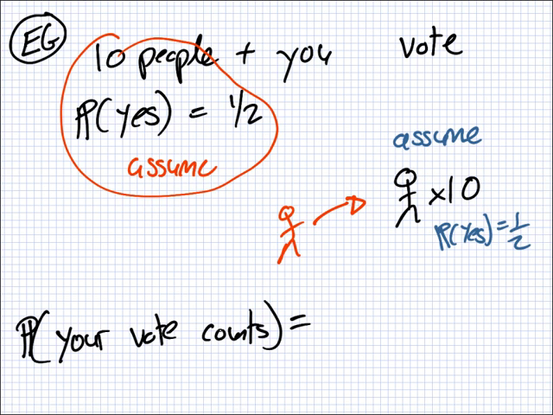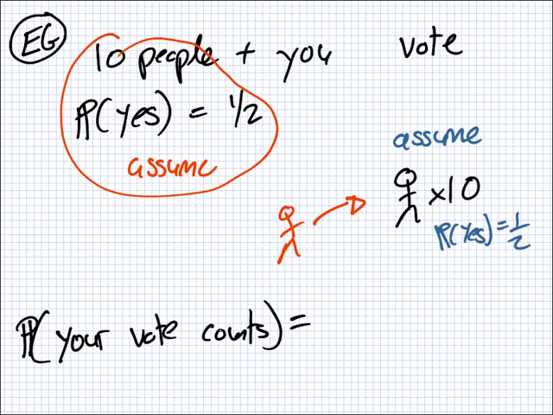Much less than that, I'm sorry. Whether or not it matters if you vote or not. What's the probability that it does matter that you vote or not? You have those key votes. Exactly. That's the idea. So, how would you calculate that?